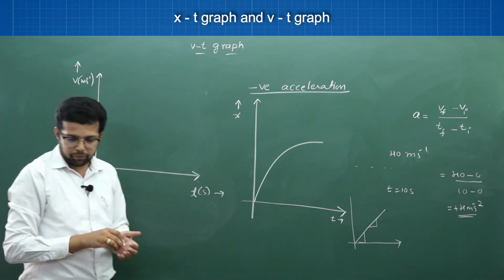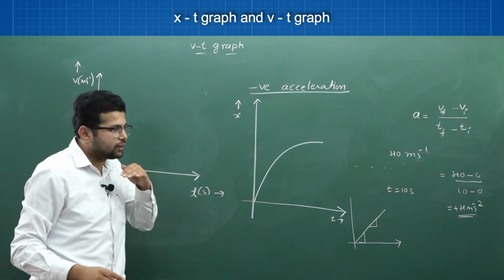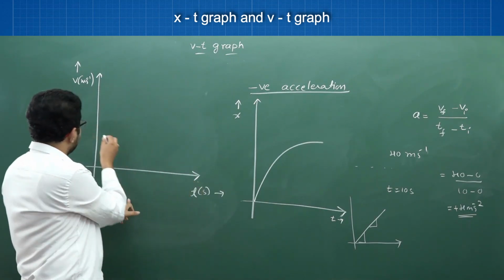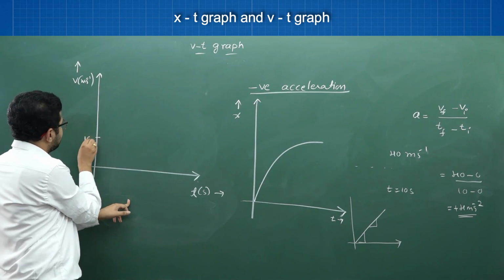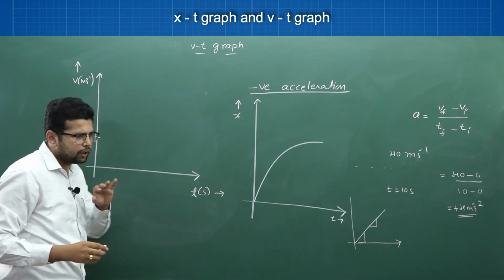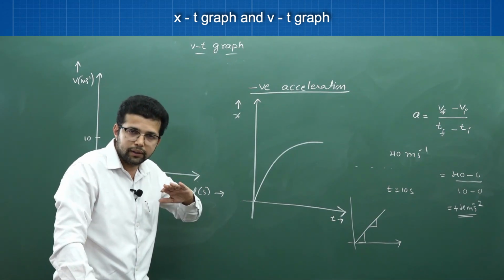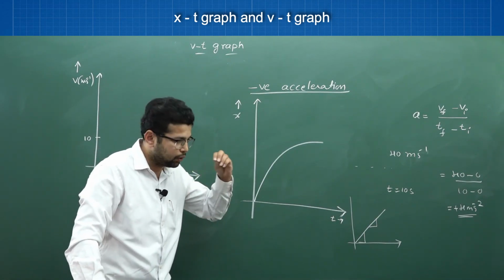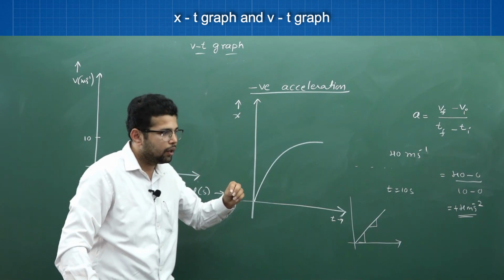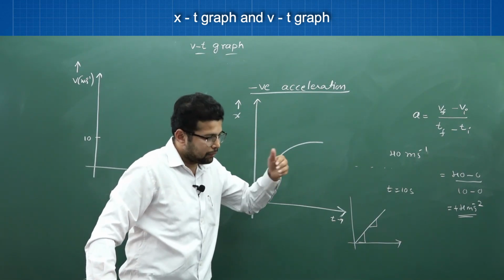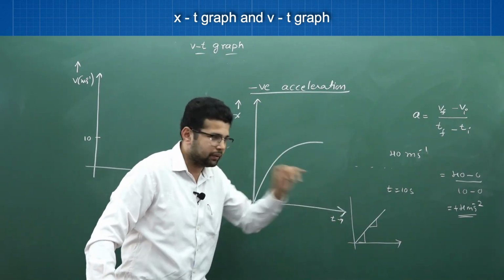Say one object is moving with a constant speed of 10 meter per second. Continuously it is moving with a constant speed, its speed is not changing. When t is equal to 0, its speed is 10 meter per second. When t is equal to 1, its speed is 10 meter per second. When the time is 3 seconds also, its speed is 10 meter per second only.